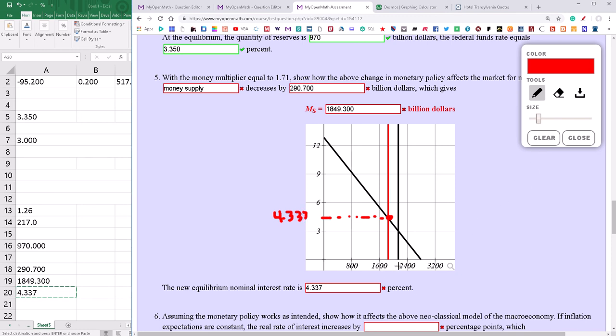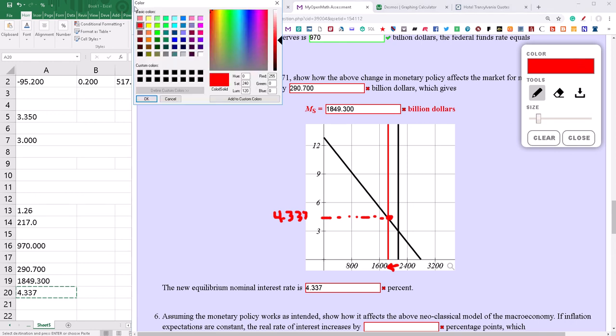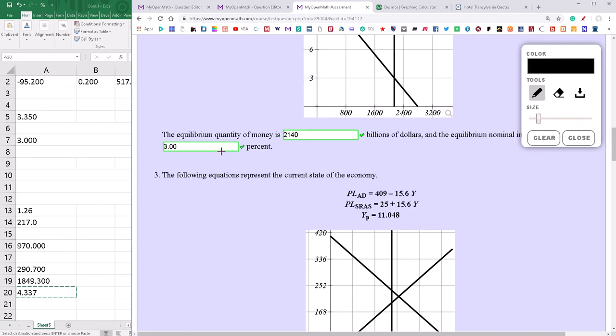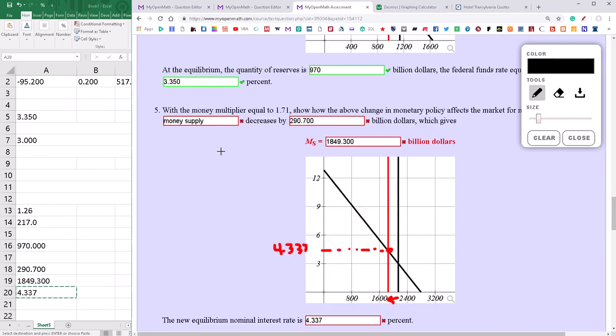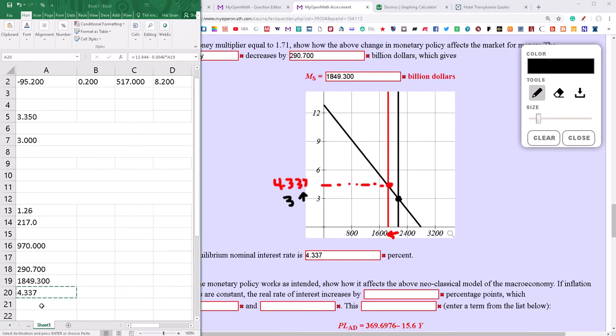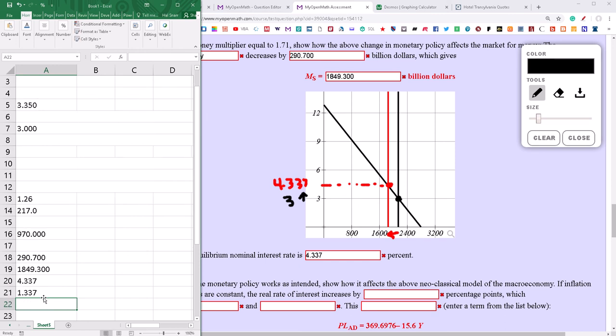It decreased the quantity of money, which increased the nominal prime interest rate from 3 to 4.337. Okay, so the change in the nominal prime interest rate, 4.337 minus 3, is 1.337.